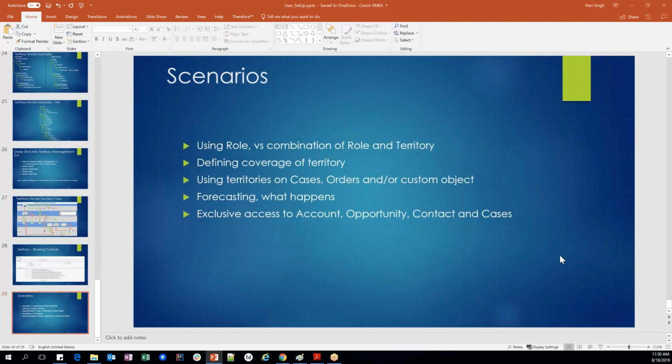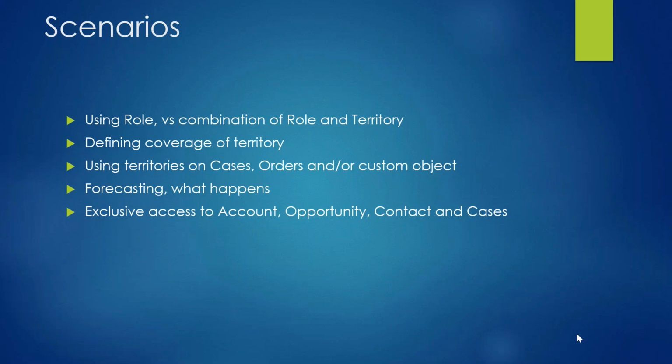No, actually, I'm done. Is it okay if I ask a question? Yeah, sure. I have a question, but it is not scenario based. Hari, let's say for territory priorities, I set up two priorities and one account falls under both.